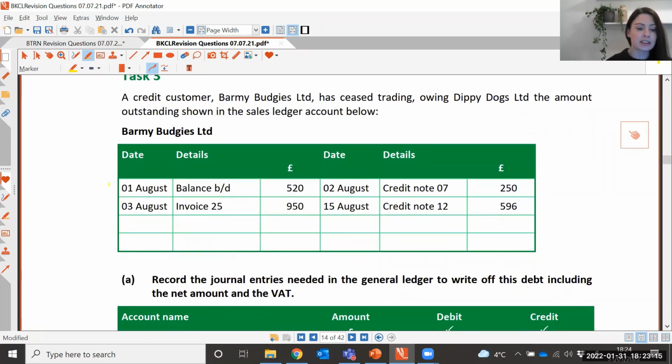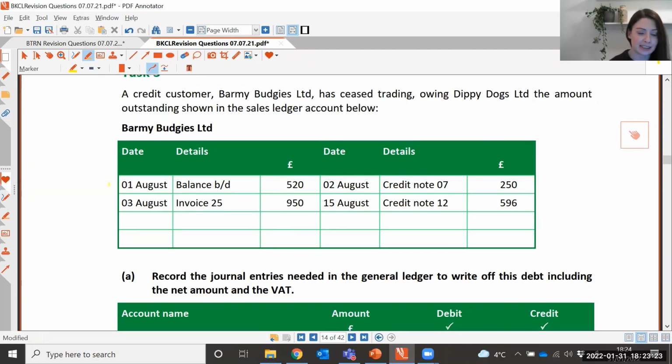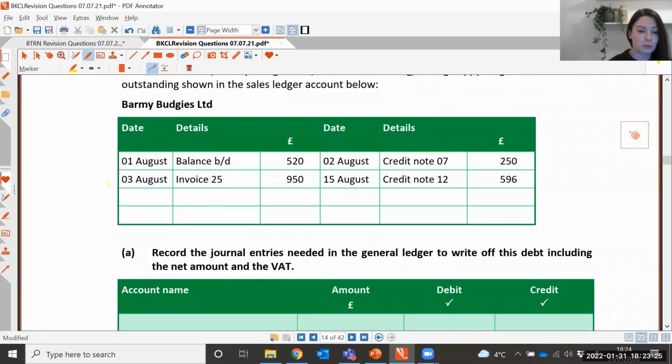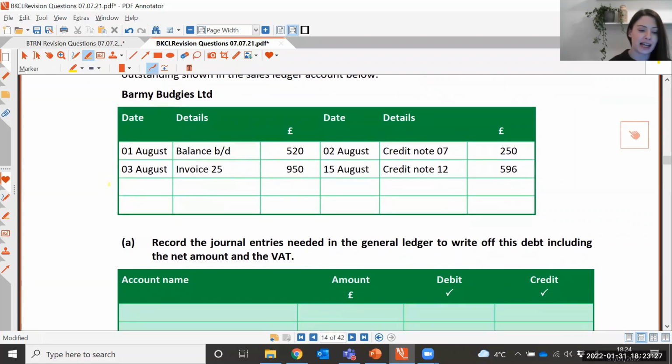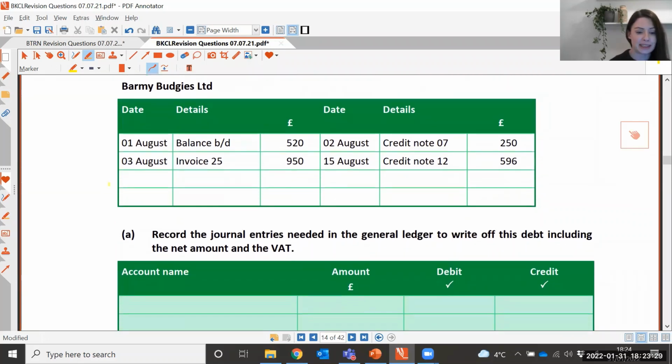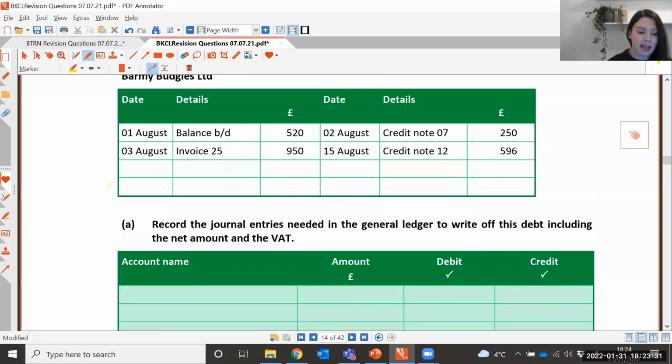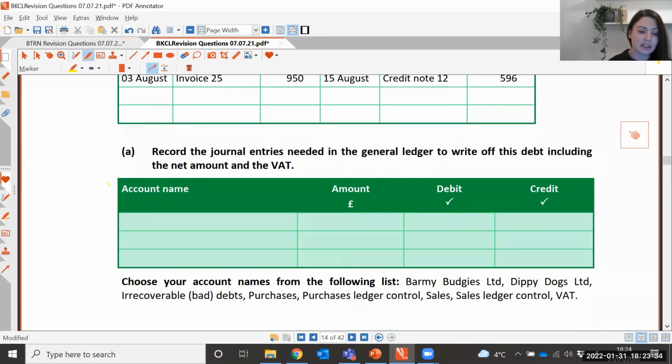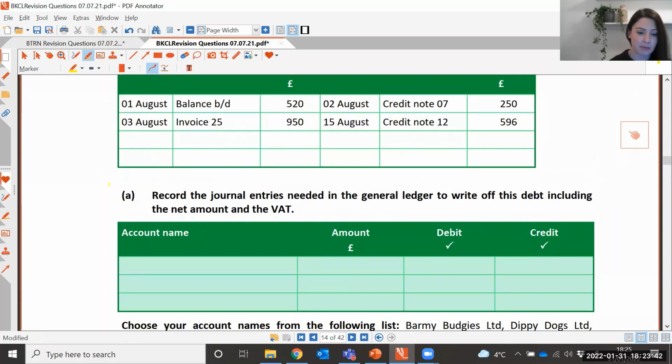Okay, so a credit customer, Barmy Budgies Limited, has ceased trading, owing Dippy Dogs Limited the amount outstanding shown in the sales ledger below. So here we have a sales ledger account for Barmy Budgies Limited. And then part A says to record the journal entries needed in the general ledger to write off this debt, including the net amount and the VAT.